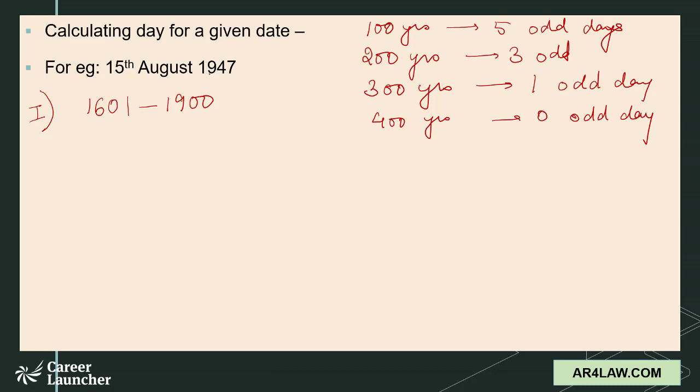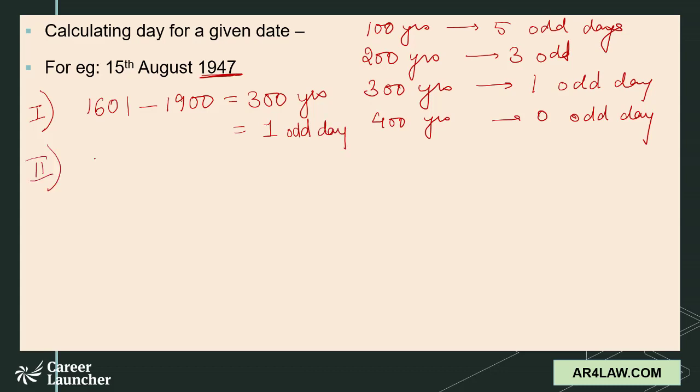So if my year happens to be 1947, the previous leap century before 1947 was 1600. So that's where we have to start the calculation. From 1601 to 1900, we have a span of 300 years. We know 300 years after a leap century give us 1 odd day. So that's part 1 of the solution.